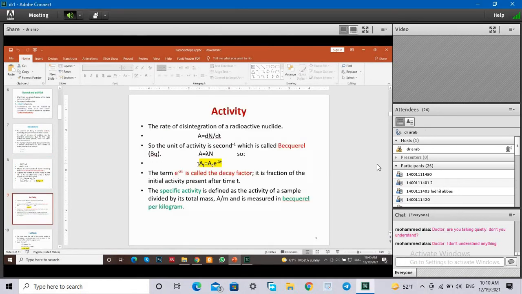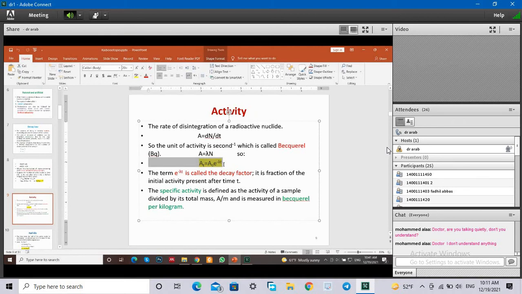At each time we can calculate the activity, which equals A0, the activity at time 0, multiplied by the exponential of minus lambda t. And in this equation, the exponential of minus lambda t is called the decay factor.